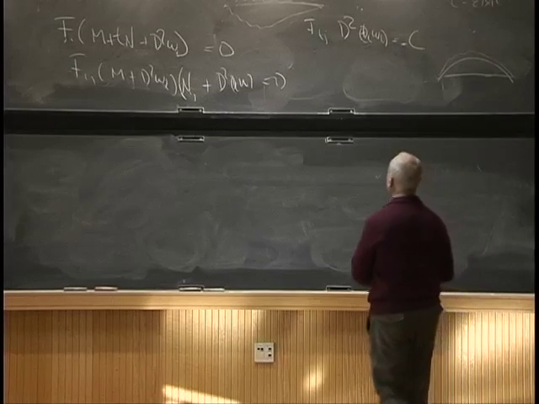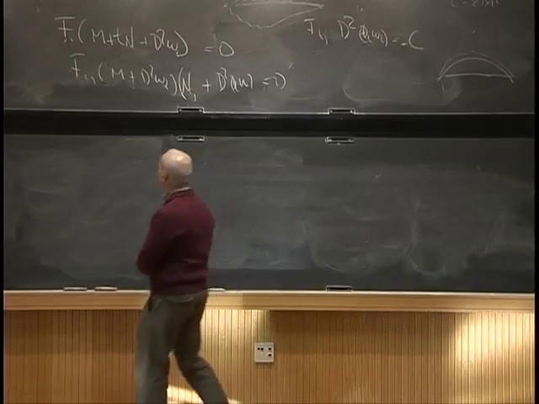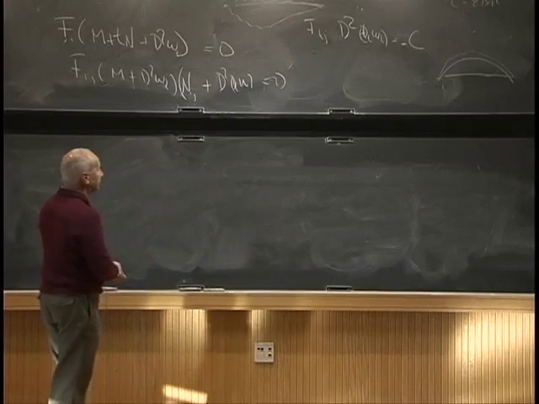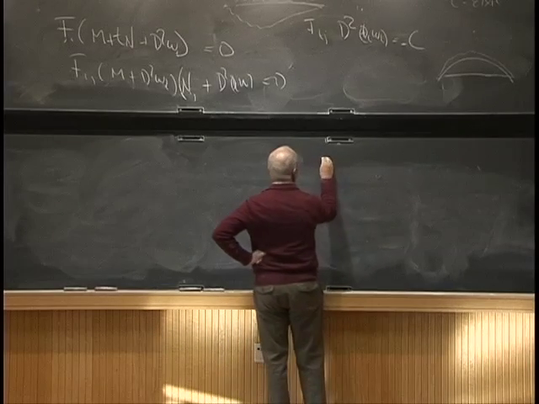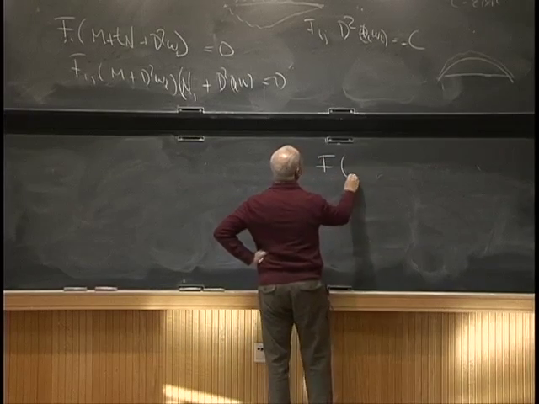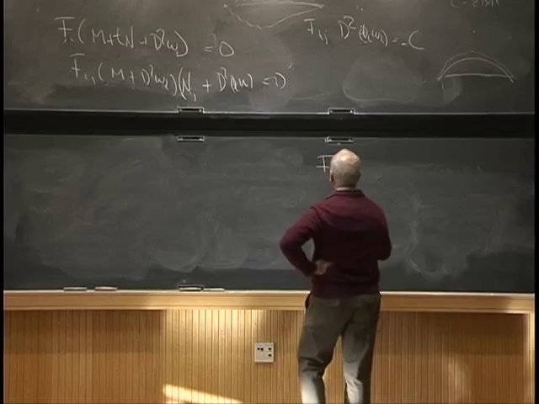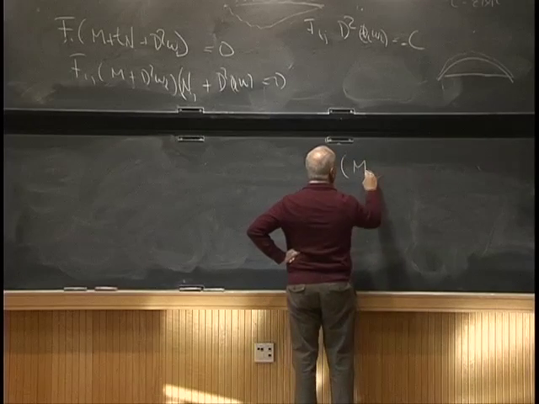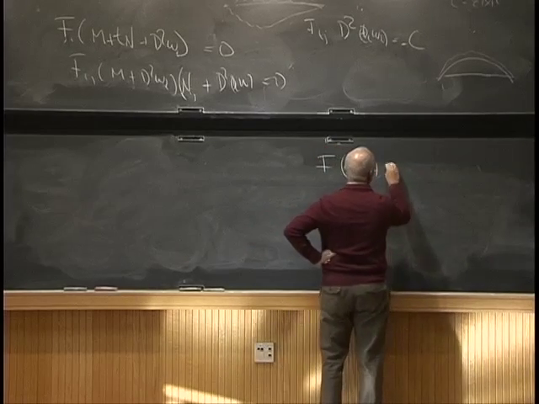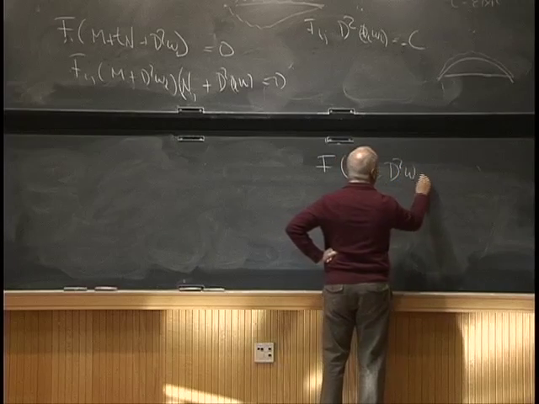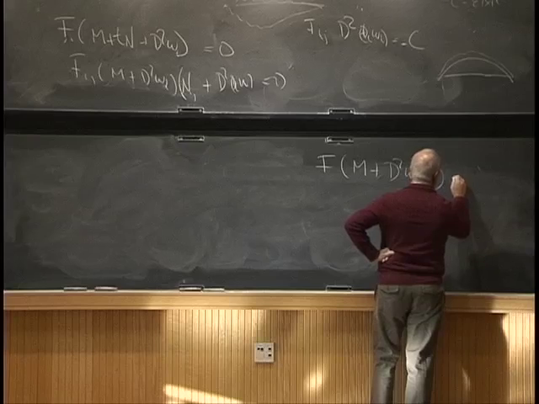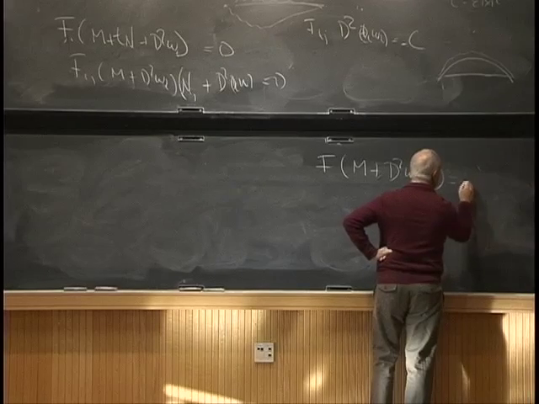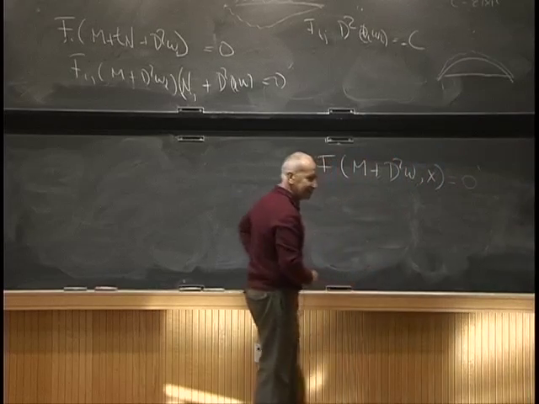Okay. So what do I mean by that? Let's look at the equation F of M plus D squared of W, x. Let me put temporarily t equal to 0, right?